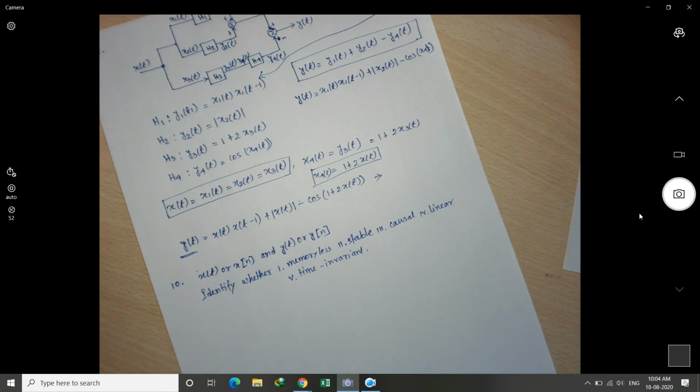So before that, let us discuss what is time invariance. First, the input has been time shifted. We are checking the output. Next, the output has been time shifted. Then we compare these two outputs. If these two outputs are the same, then we say that our system is time invariant. So some system is there.